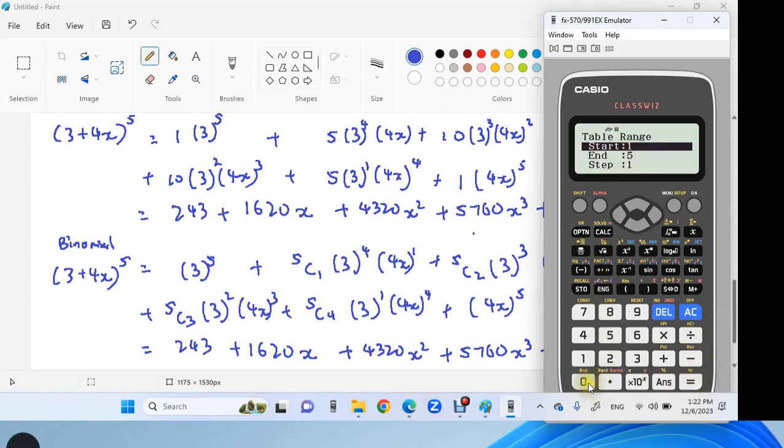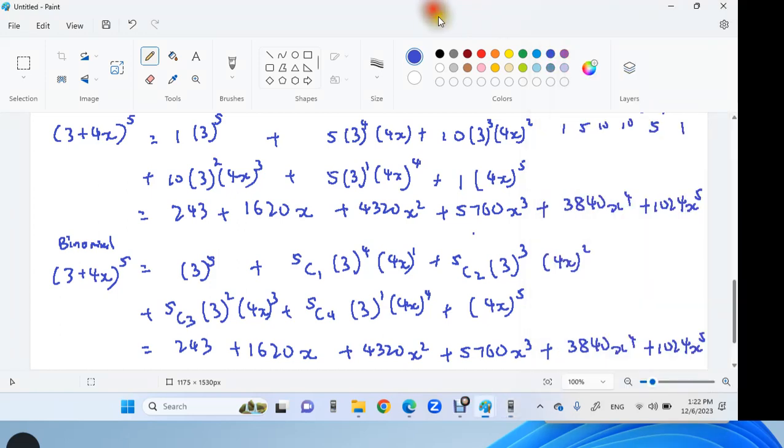I start from 0, end at 5, and step size is 1, that means it will be 0, 1, 2, 3, 4, 5. If step size is 0.5, then it will become 0, 0.5, 1, 1.5, 2, 2.5. The gap between the numbers is 0.5. So here the gap between the numbers is 1.